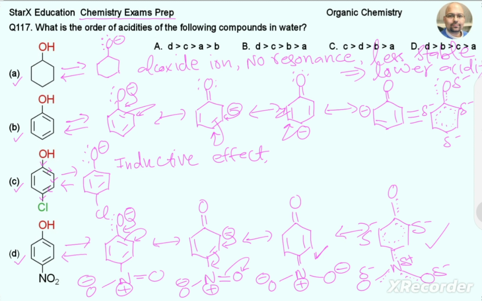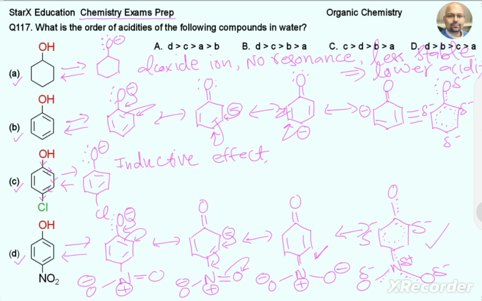So now just to recap this, the alcohols are not very acidic because their corresponding conjugate base is less stable because they do not show resonance. Phenols are more acidic than alcohols because the phenoxide ion is stabilized by resonance. And if you have a halogen atom on a benzene ring, it takes away electron density.